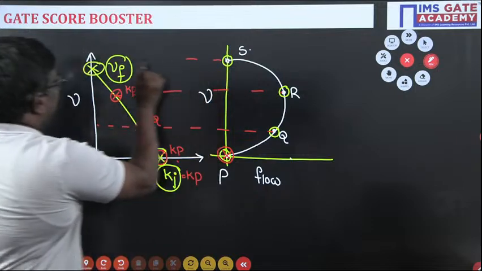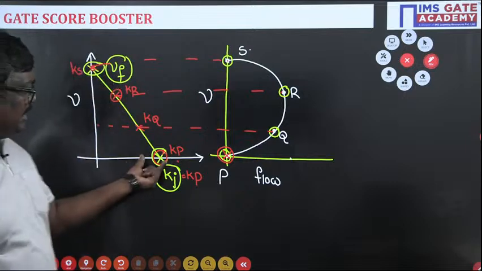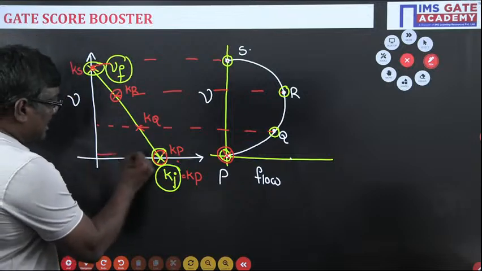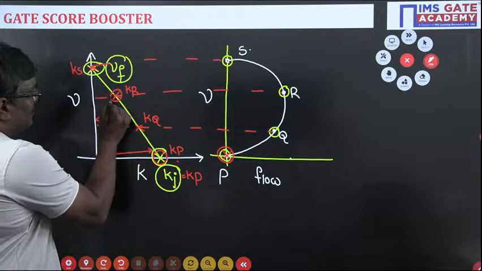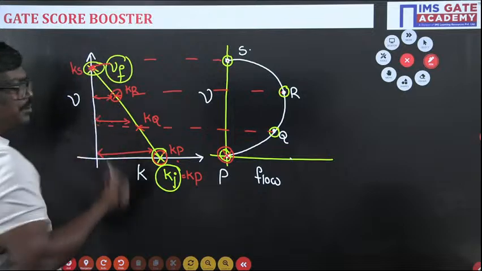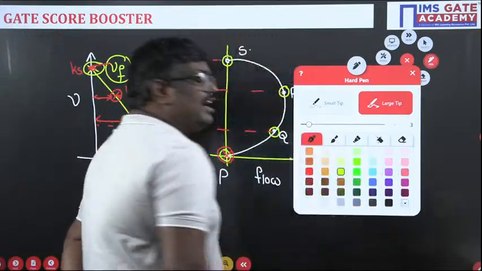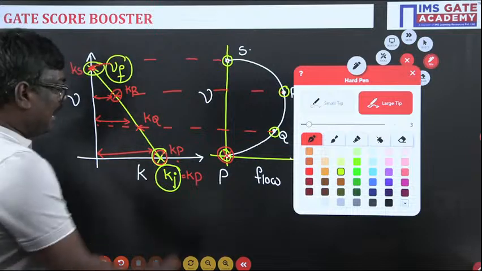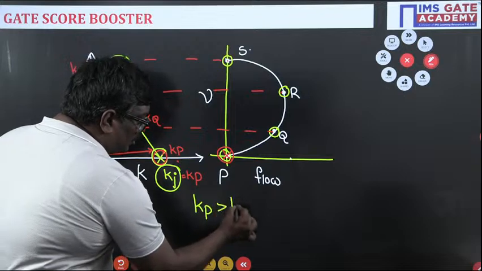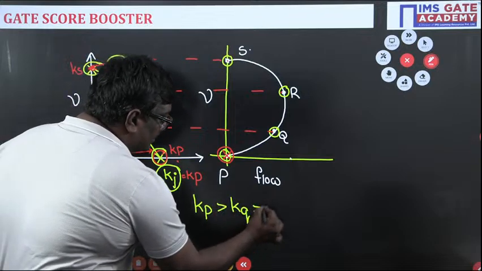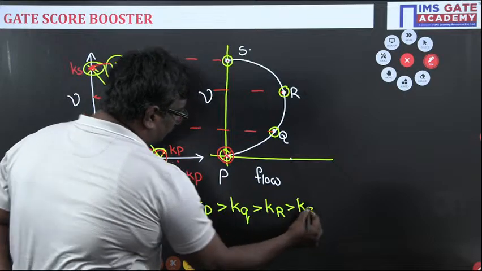And at S, this is Ks. Kp is obviously more than Kq, and Kq is more than Kr, and here it is 0. So from the figure, it is evident that the traffic density of P is greater than that of Q, greater than that of R, greater than that of S.